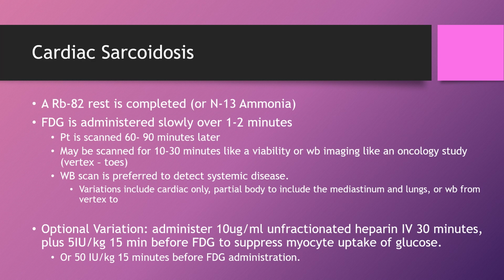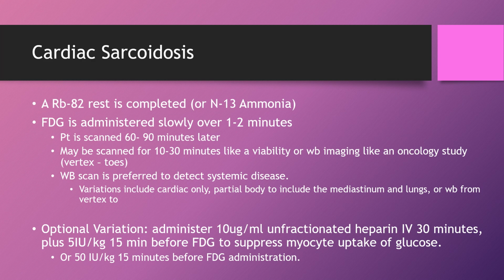Otherwise, another protocol is partial body, where you're just essentially looking at the torso, or even chest, abdomen, and pelvis area, and to include the mediastinum and the lungs, in case that's a most common area that systemic sarcoidosis will be found, is in the chest, around the thymus, and in the lungs, or a whole body from vertex to toes. And that is done in the presence, either known or suspicion of systemic sarcoidosis.